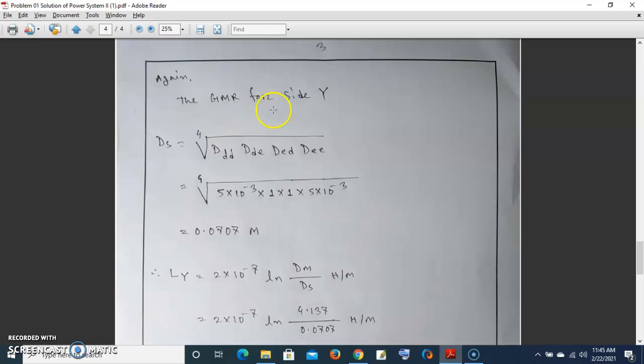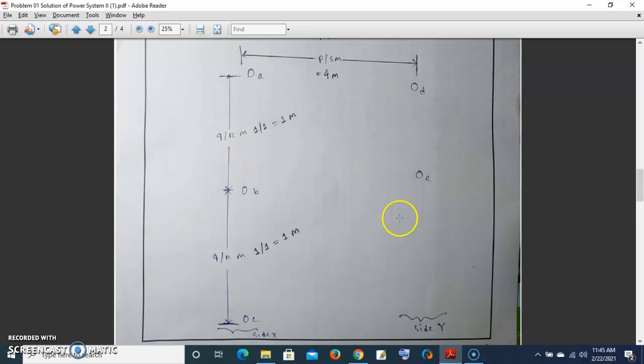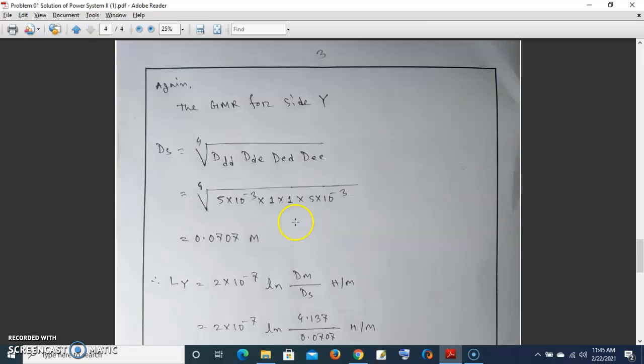Again, the GMR for side Y. Here Y has 2 points, D and E, so we get 4 values: DDD, DDE, DED, DEE. We substitute the values and calculate.